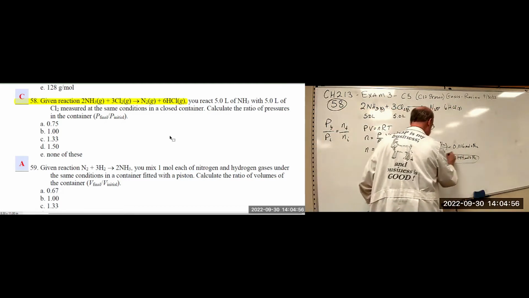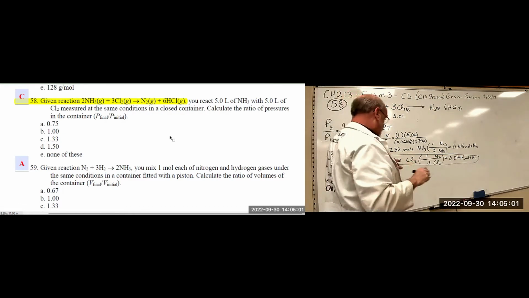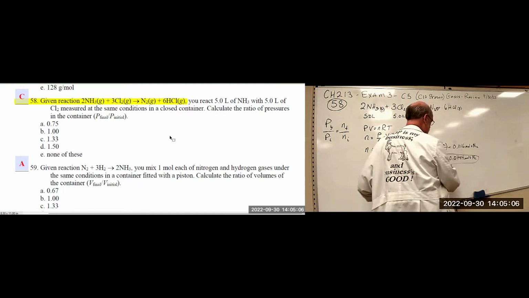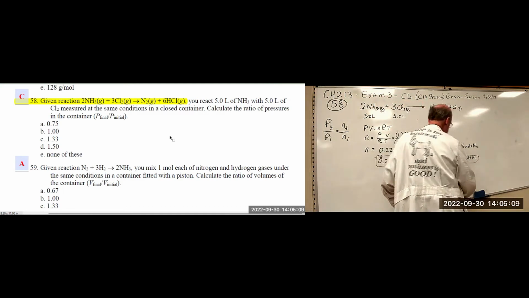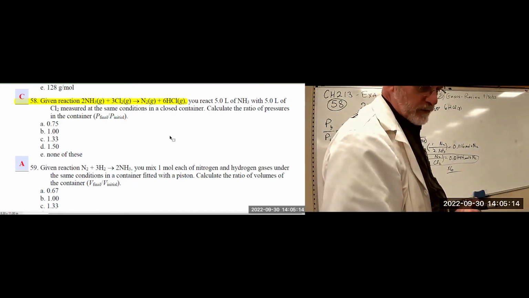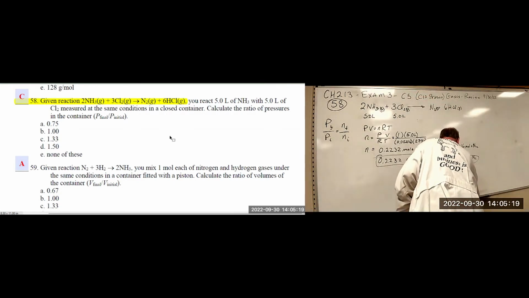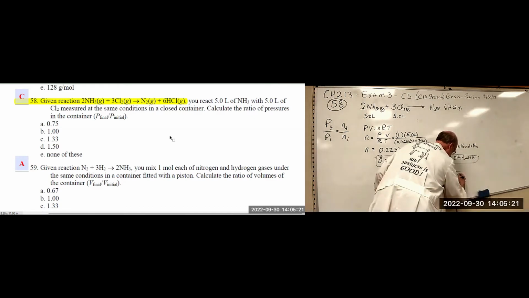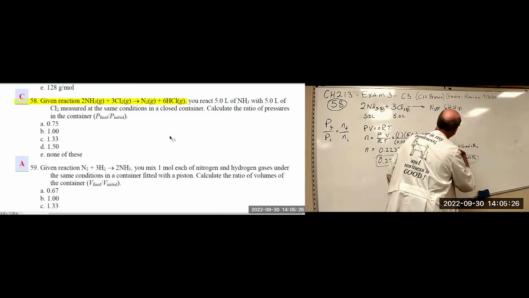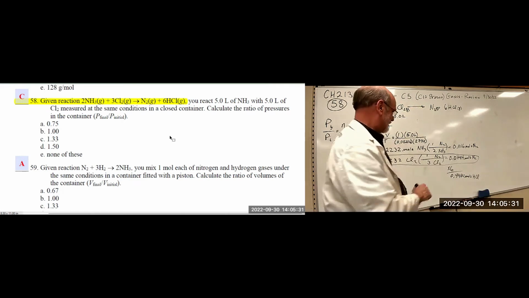Chlorine is limiting. Okay? So the final number of moles is this much nitrogen times 6 equals 0.4464 moles of hydrogen chloride. Okay?